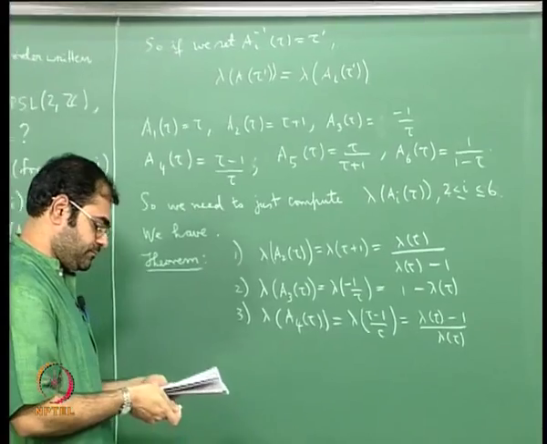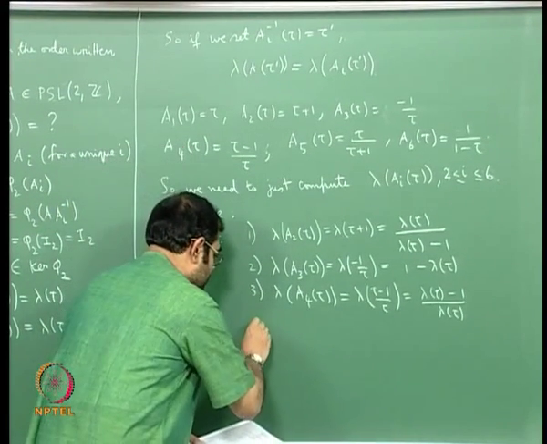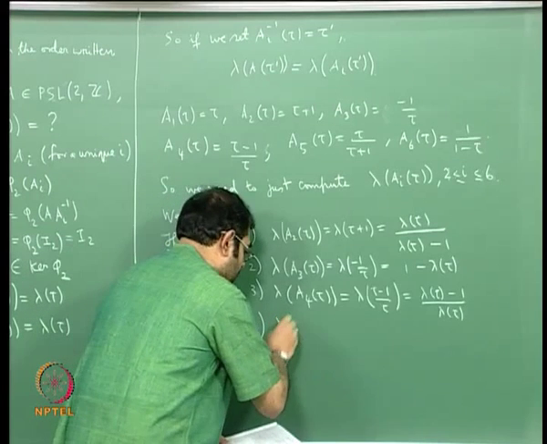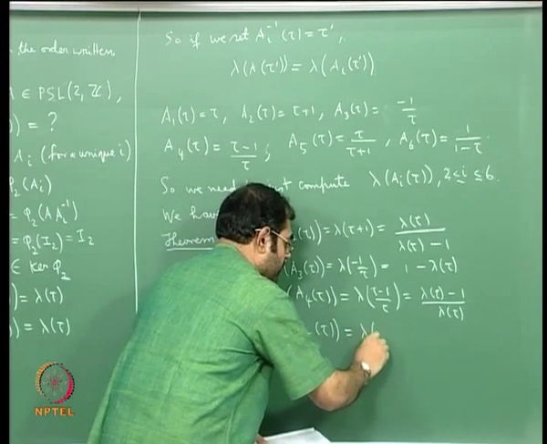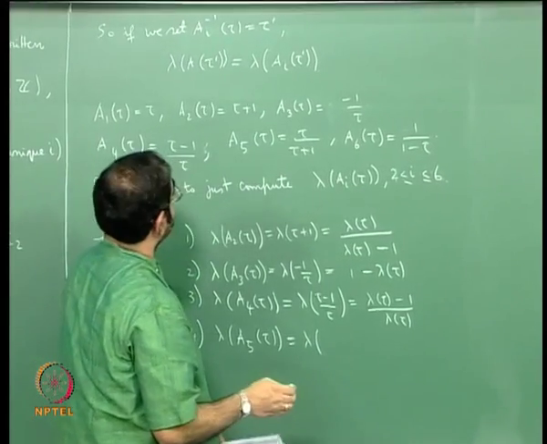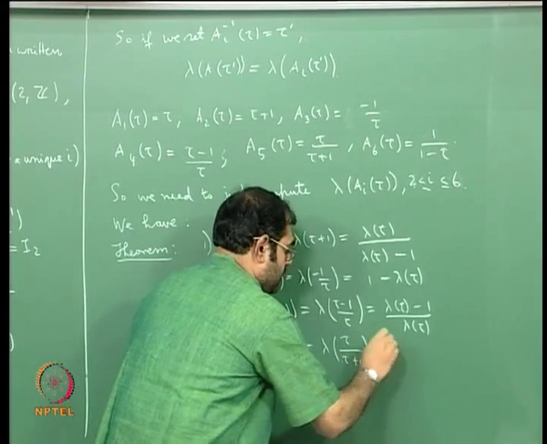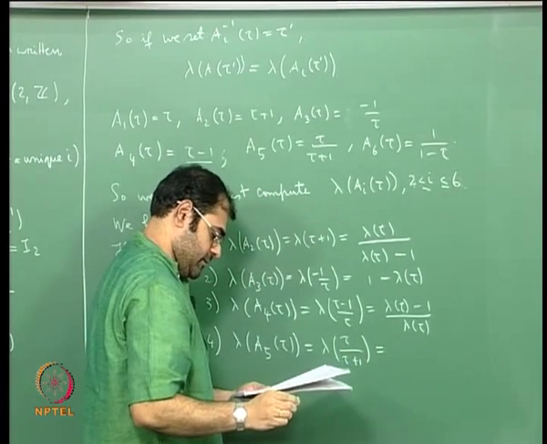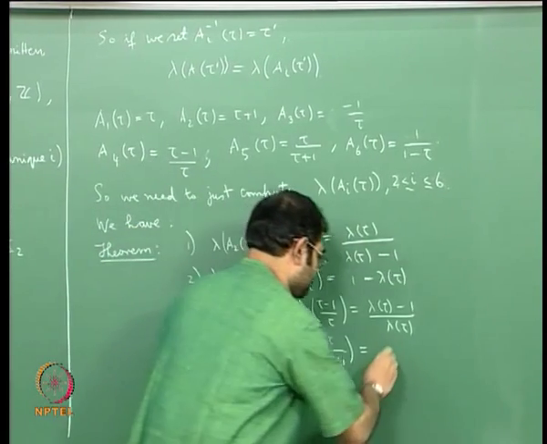Then lambda of a5 tau, which is lambda of tau by tau plus 1, comes out to be simply 1 by lambda tau.